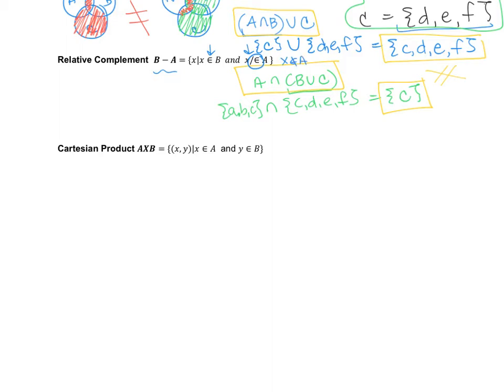Picture is a good way to show this. You have to be in B, but you can't be in A. So if I draw, I'm going to make a box for my whole universe, and I'm going to have A and B in it. So you have to be in B, but not in A. So what that's talking about is all of this portion.